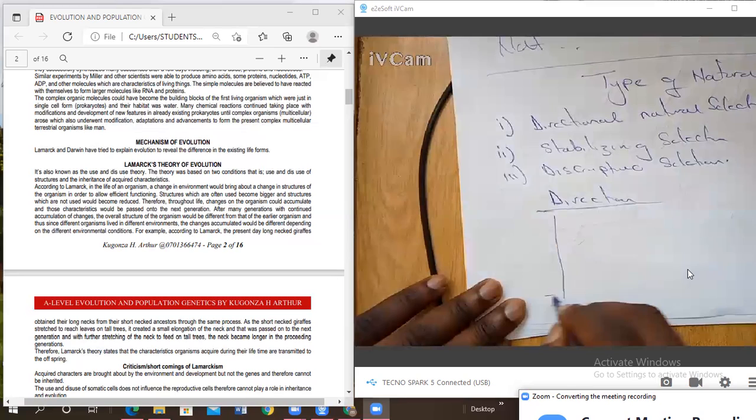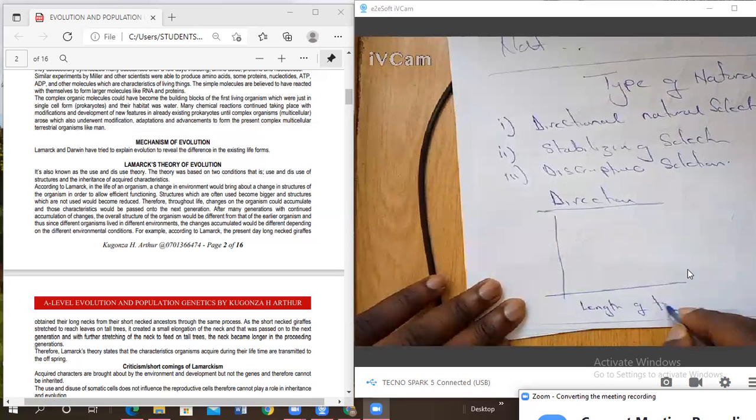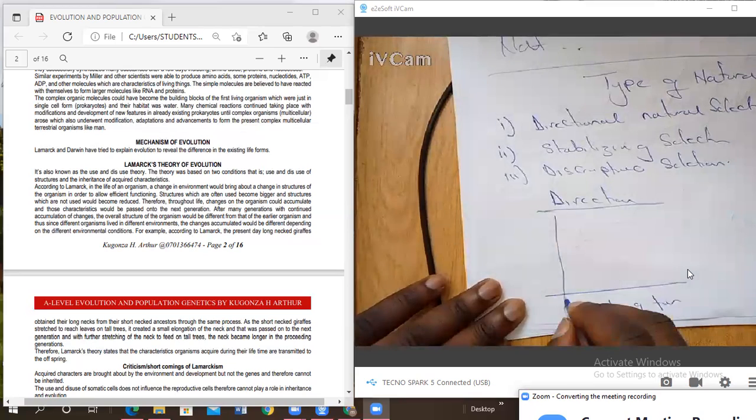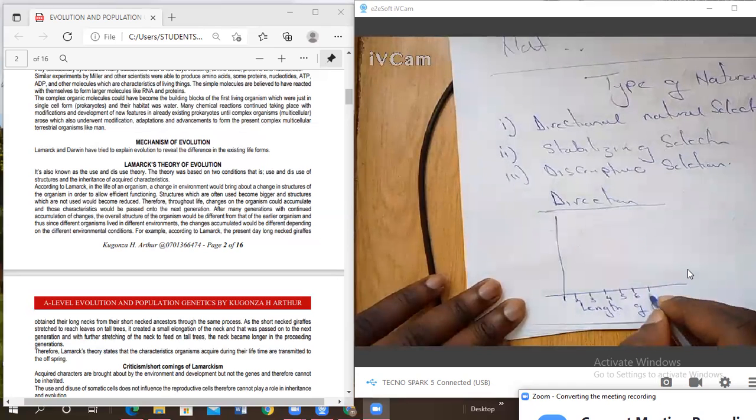Here we say we have length of fur. I mean the fur on the skin. It can be 1 centimeter, 2, 3, 4, 5, 6, 7, 8, 9, 10.